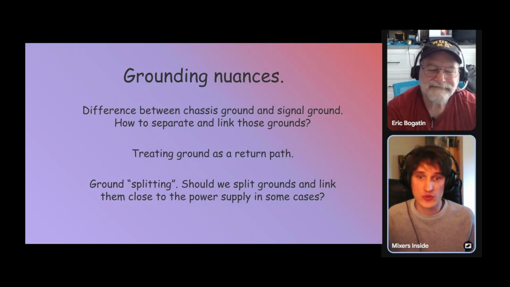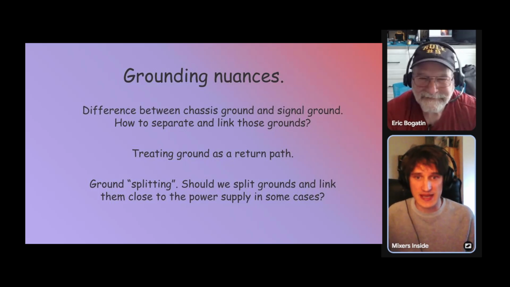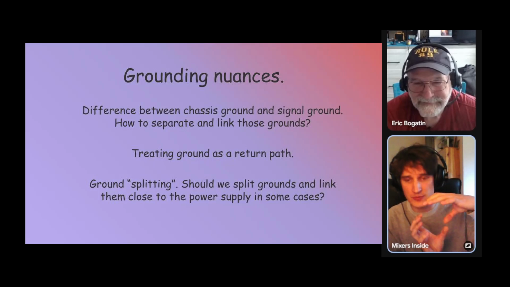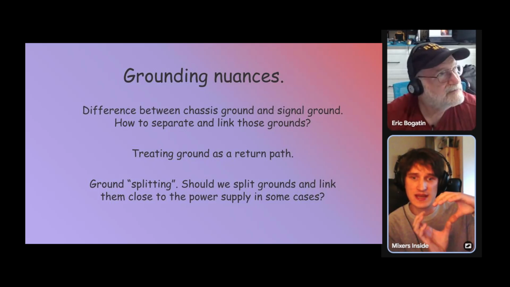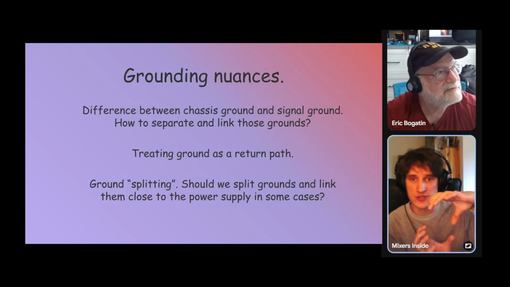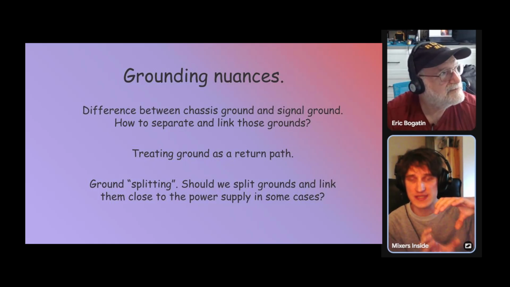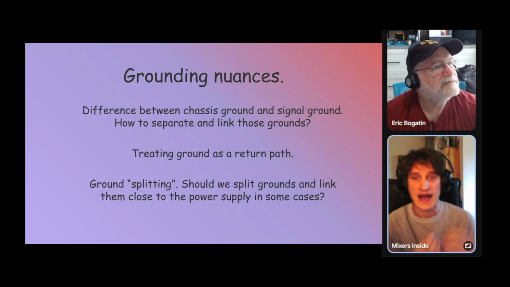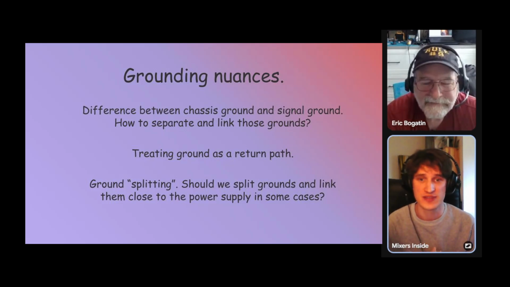And I noticed that when I used a solid ground plane and components were pretty close to each other, but the signal section was physically separated from the power supply, but they shared the same ground plane, I had some problems with interference.